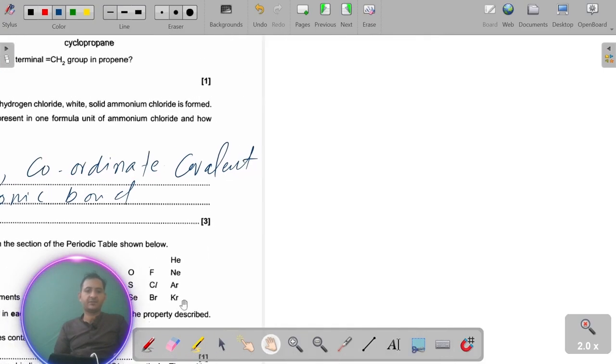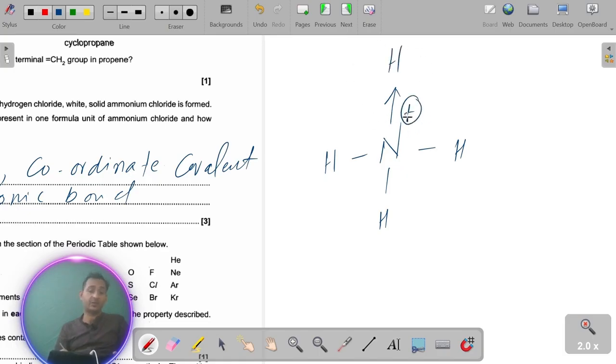I already solved this question. Once again, nitrogen is making covalent bonds with hydrogen, and one of the lone pairs of electrons is attracted toward this hydrogen. It is a dative bond. Because nitrogen is making 4 bonds, it is attracted to the Cl negative. So it is an ionic bond, a coordinate covalent bond, and 3 covalent bonds.